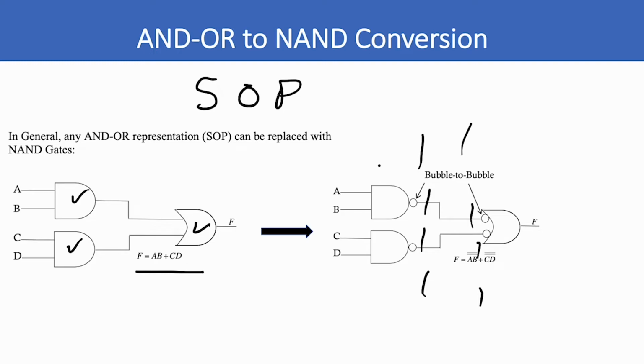So what is this gate? Well, that's a NAND, that's a NAND, and this is the alternate representation of a NAND. So all we had to do is put a bubble here and a bubble here and a bubble here and a bubble here, and we've changed from AND and OR gates to NAND gates, and we didn't have to do anything except replace the AND gates and the OR gate with NAND gates. Fairly simple.